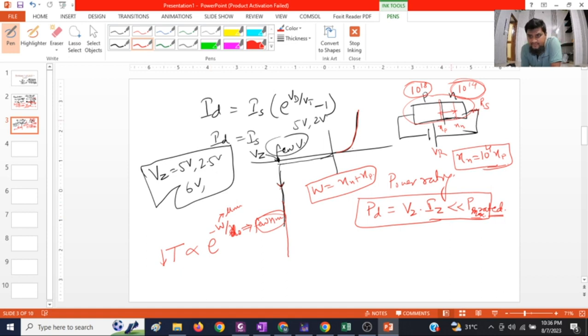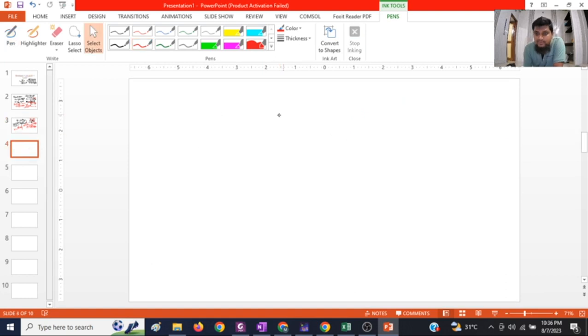And in this case, if the Zener breakdown doesn't happen, then what will happen? If there is no chance of tunneling, let's assume the width is quite large.